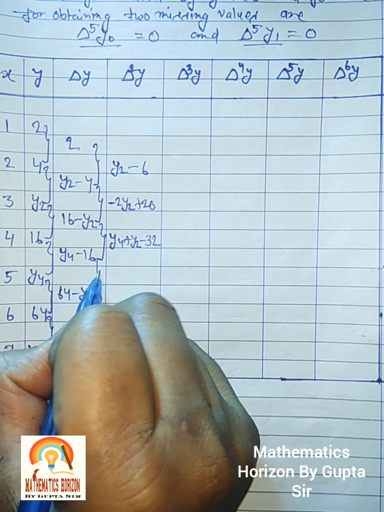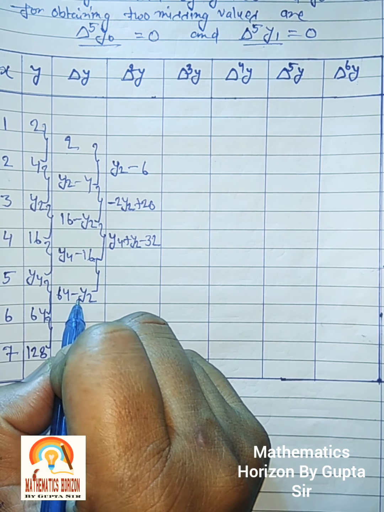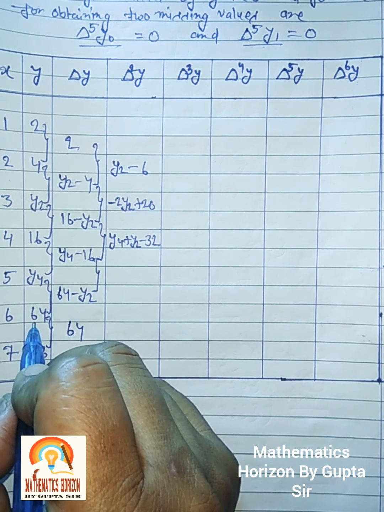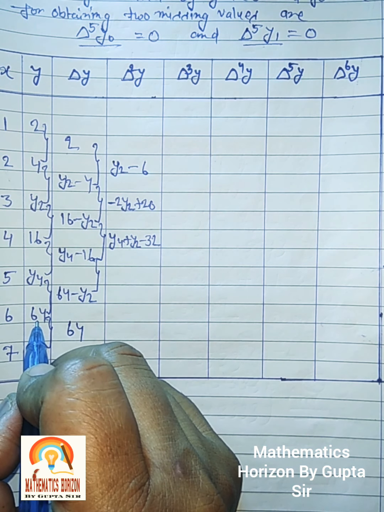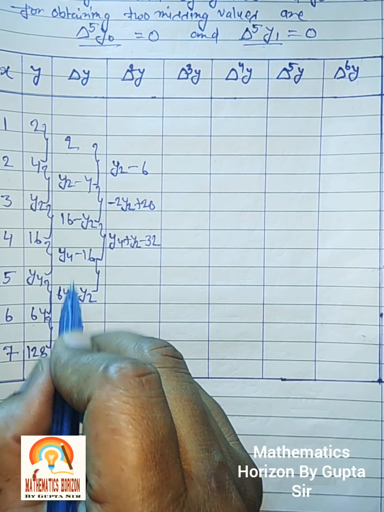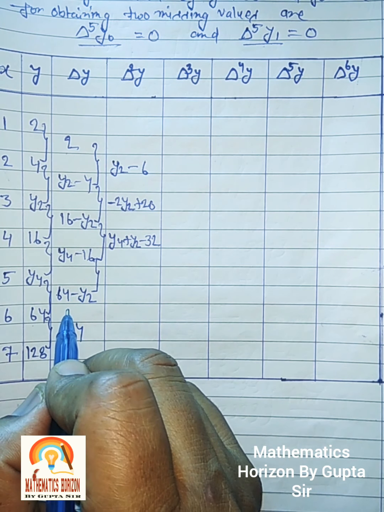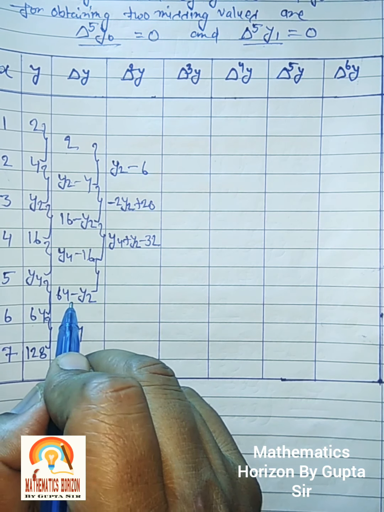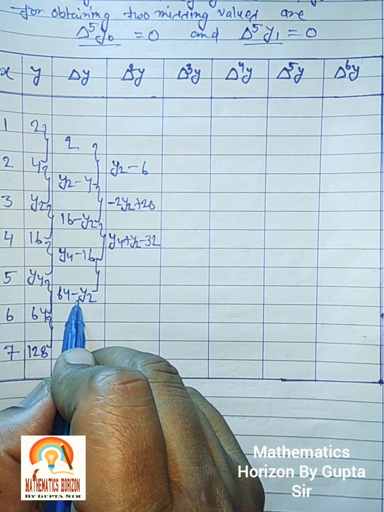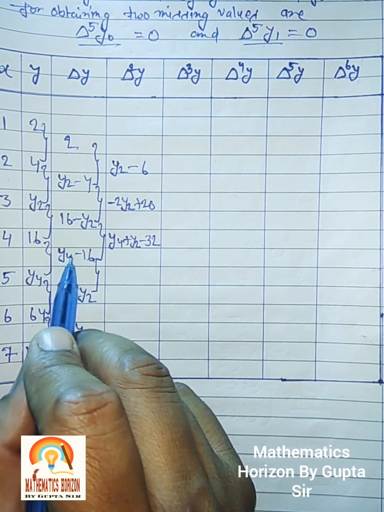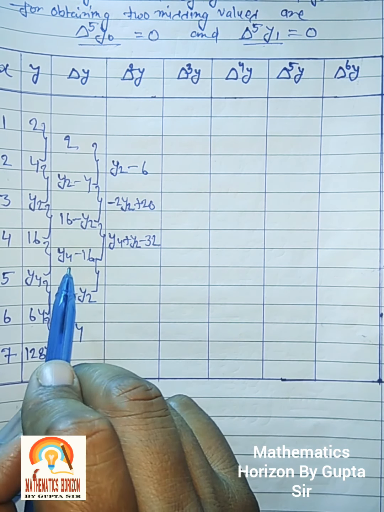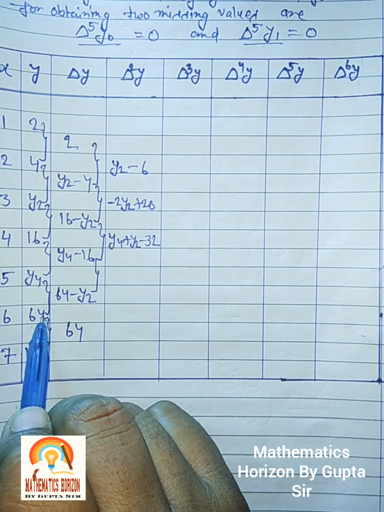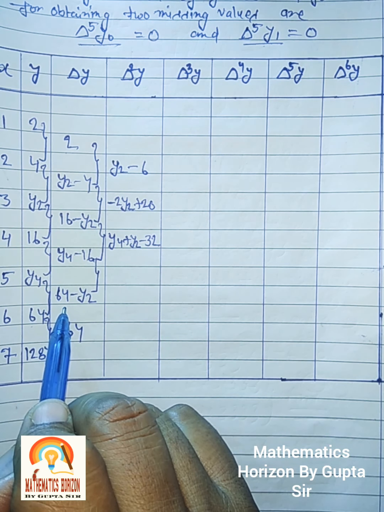And differences of these two, here we have y4 minus 16, and here we have 64 minus y4.